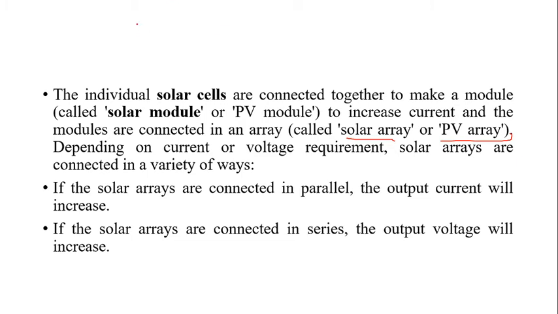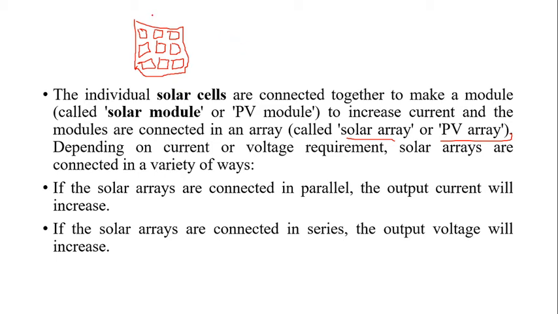If we are talking about arrays, then this is our solar panel, in which a number of solar cells are installed and connected in series-parallel combination to get the desired voltage and current level. Whenever we require high current, we connect our solar cells in parallel, and whenever we require a higher voltage level, we connect our solar cells in series.